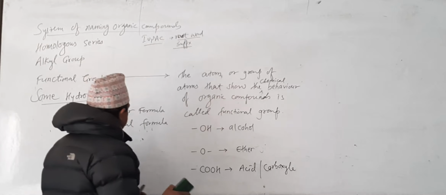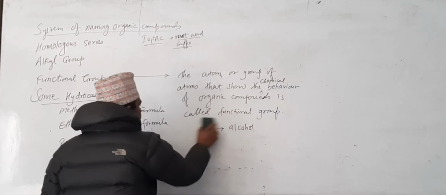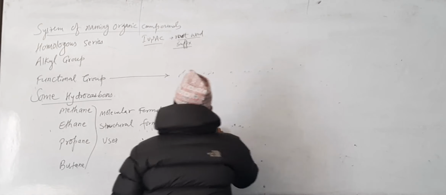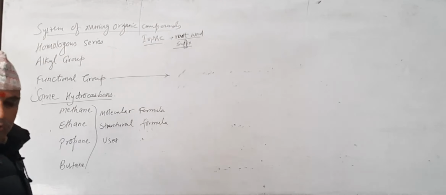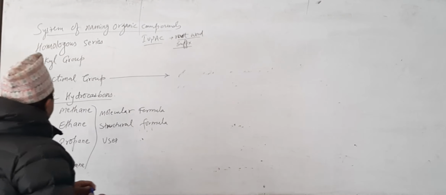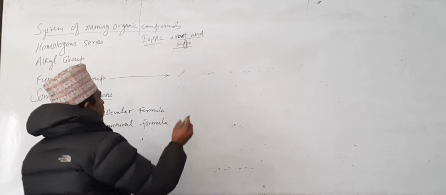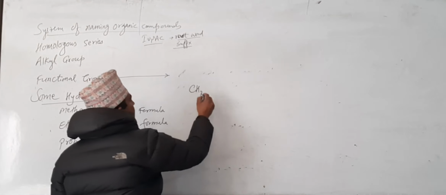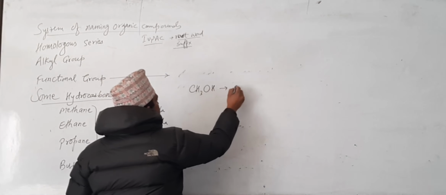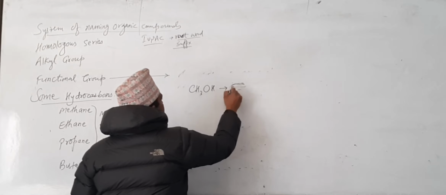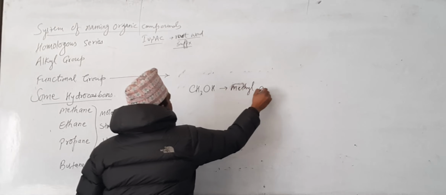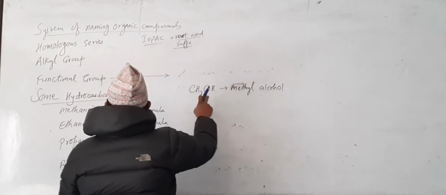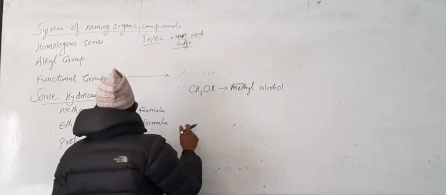Is that okay? So, students, in today's class we have discussed the system of naming organic compounds, homologous series, alkyl group and functional group. If I write here CH3, it is methyl. Write here OH, what is the name? Methyl alcohol. See, methyl and functional group OH gives methyl alcohol.